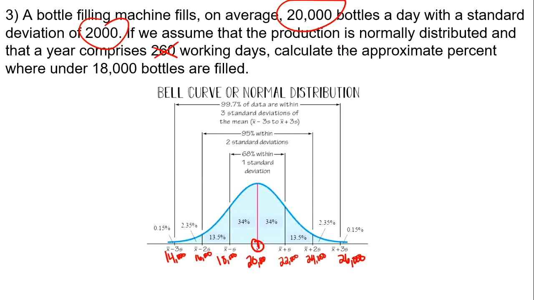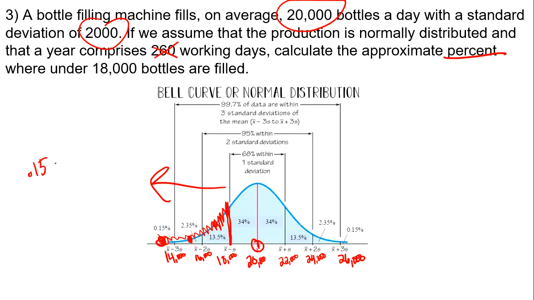So the question was, calculate the approximate percent where under 18,000 bottles are filled. So if this is where 18,000 bottles are filled, like this part of the bell curve, they're asking what percentage fall beneath that. So if this little section represents 0.15, then we have to add this section and this section and this section together to see how much is below that 18,000 mark.